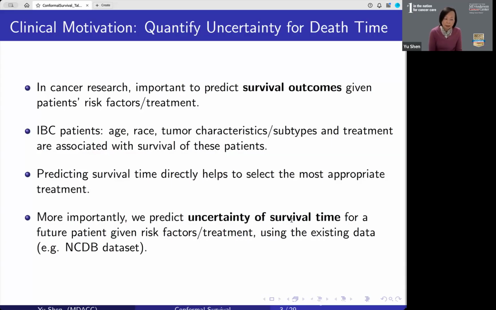If we can predict survival time directly, it really helps clinicians and patients have a more straightforward, intuitive concept, compared to telling patients what a hazard ratio or even a median is, which they sometimes try to digest. So directly predicting survival time with uncertainty could be very important information. That's the focus of this work.